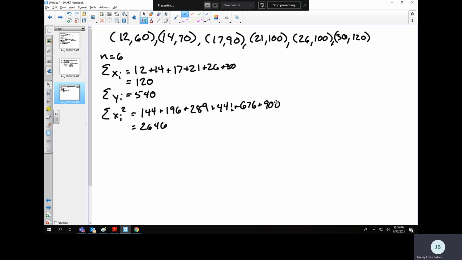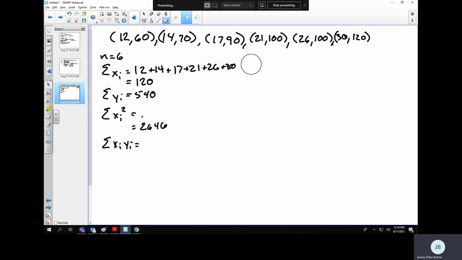And finally, we want the sum of the xi, yi's. Okay, well, I'm just going to do this one on the calculator because we're running out of space to work with this stuff. I'm actually going to erase a couple of these lines because we've got the work.